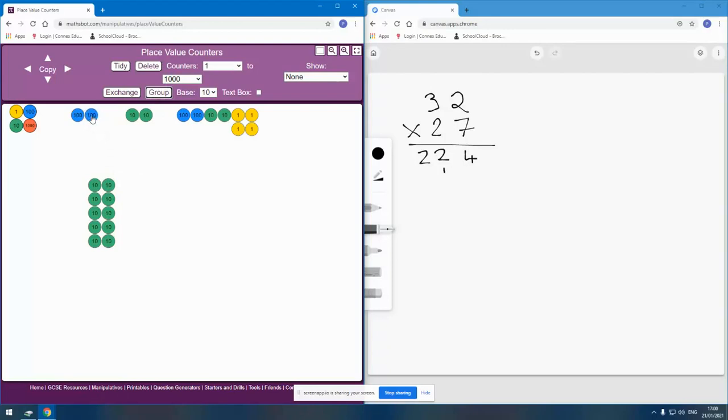And then finally, I can group these 10s together. And so we can see, in effect here, what I've done is replaced my 3 10s and 2 1s for 300s and 2 10s.